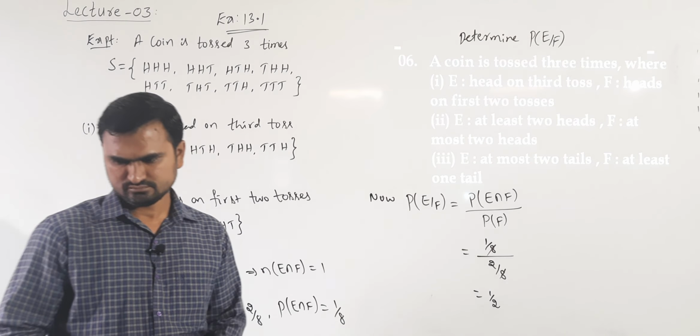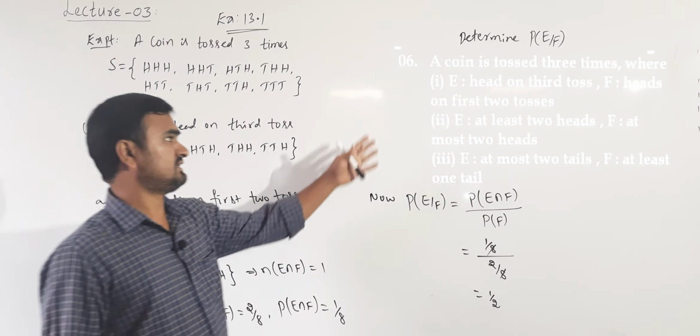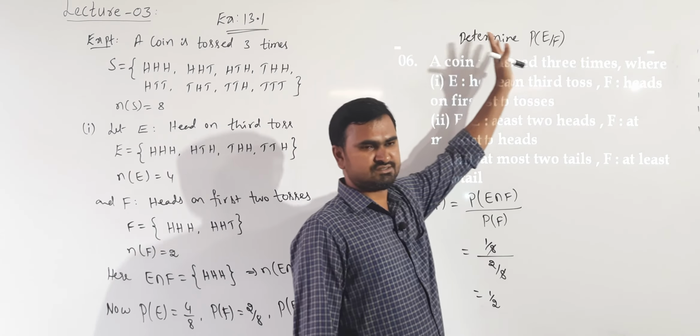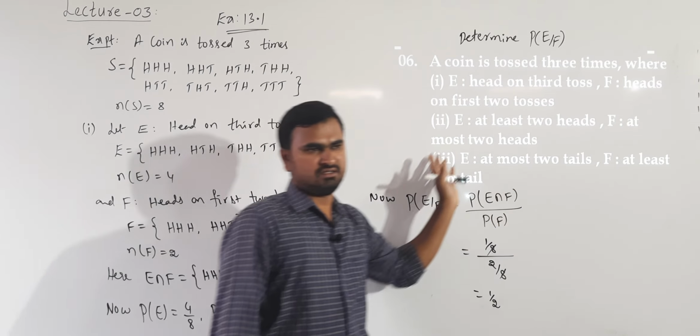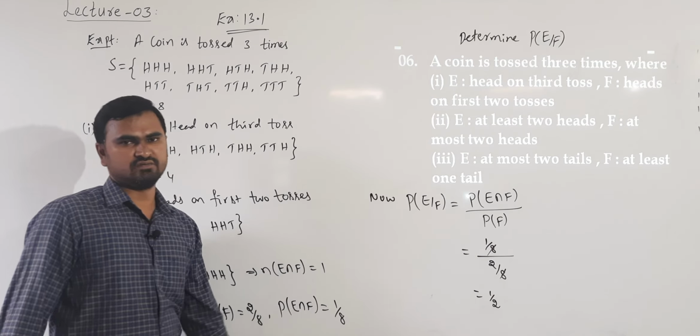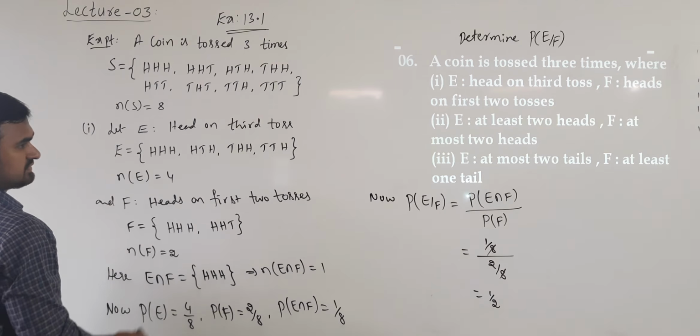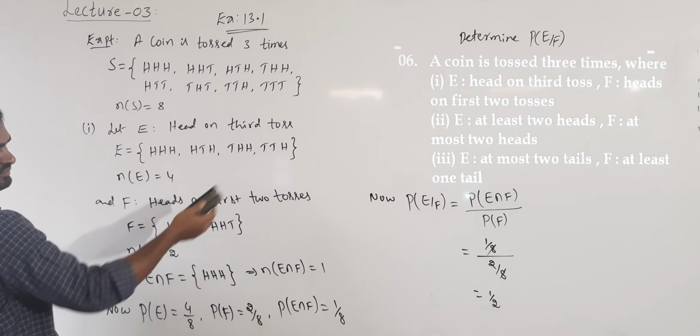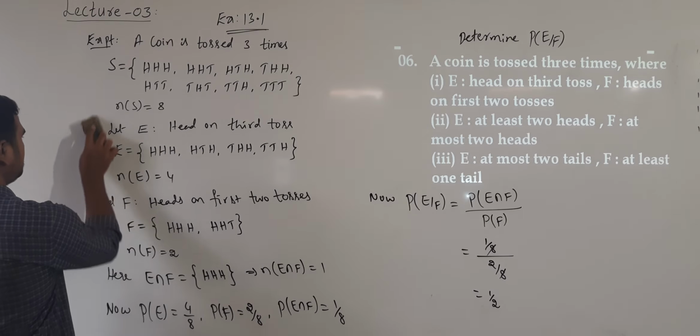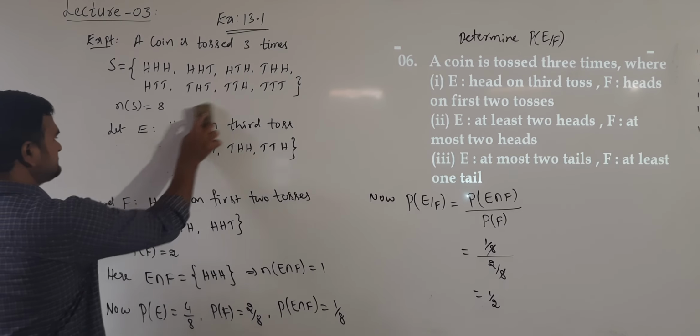Understand? So clearly events E and F, they are only given. Just write the sample space, write the elements of the events, then we can find the P of E given F. Okay. Next, for this same experiment, if the events are different, like in second and third case. Now see second and third cases.